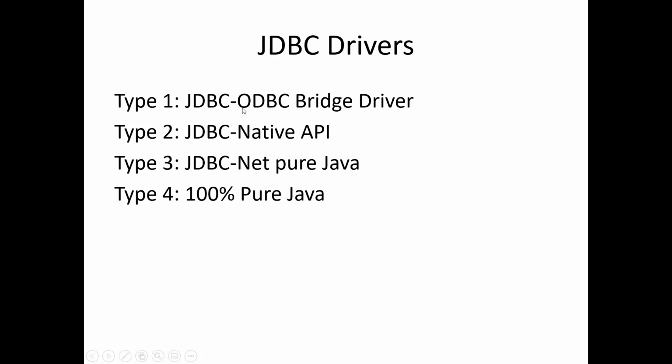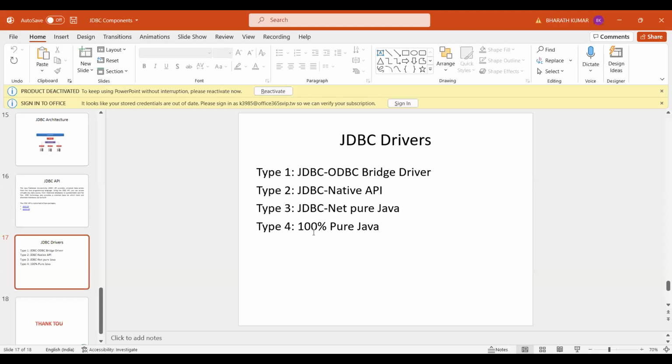Based on the disadvantages of the JDBC-ODBC bridge driver, the JDBC native API driver is implemented. Based on the disadvantages of the JDBC native API, JDBC net pure Java is implemented. Based on the disadvantages of the type 3 driver, the type 4 driver is implemented. Here you will observe one point: the type 4 driver is a 100% pure Java driver.